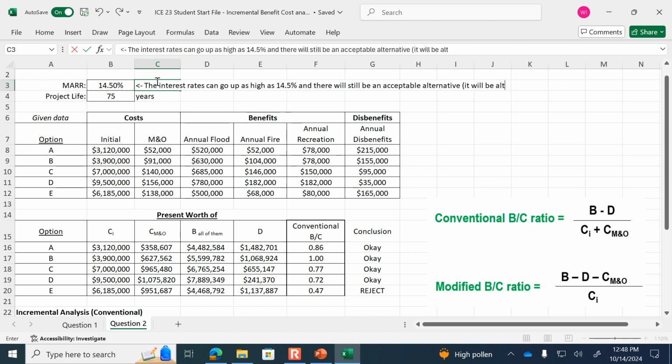It will be alternative B, which will have B to C equal to 1. All right, so that answers question 2, which is what is the highest interest rate that could be used and still have an alternative that's acceptable?